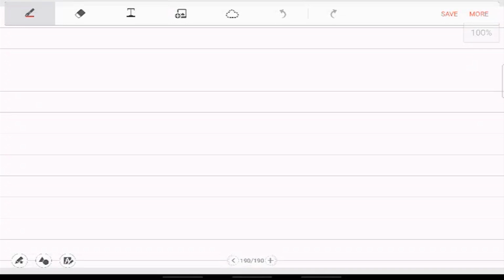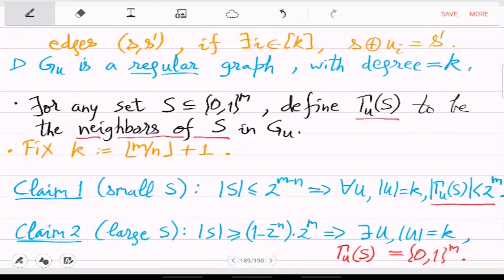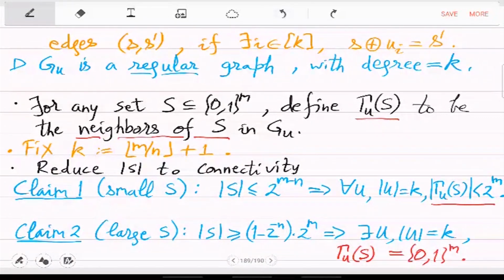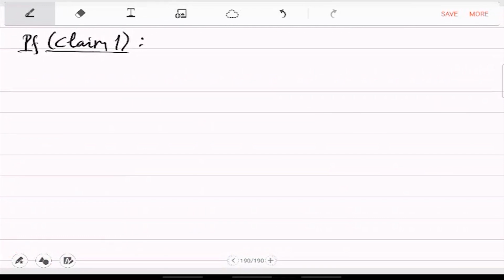It's proof of claim 1. So we have reduced size of S to connectivity in GU. So what is the size of gamma U S?